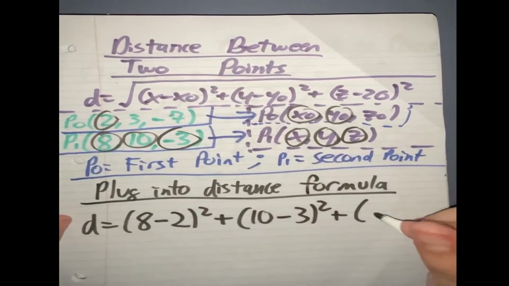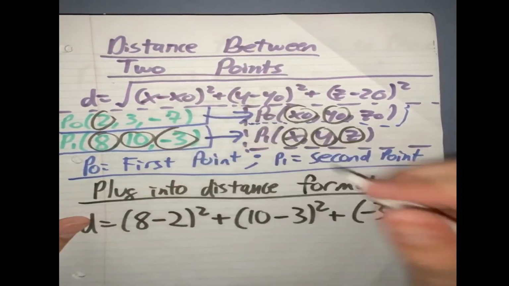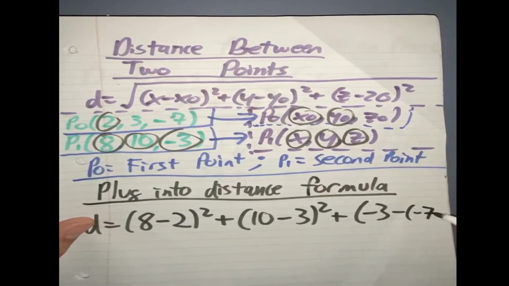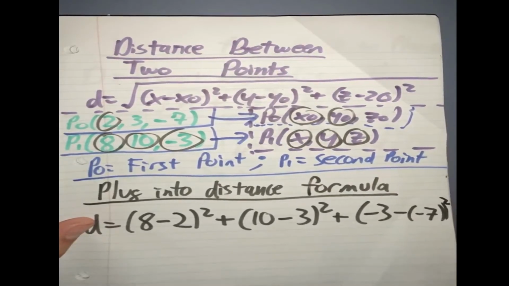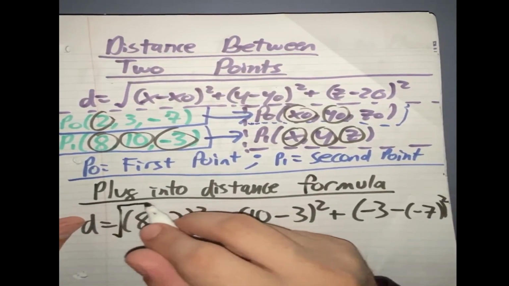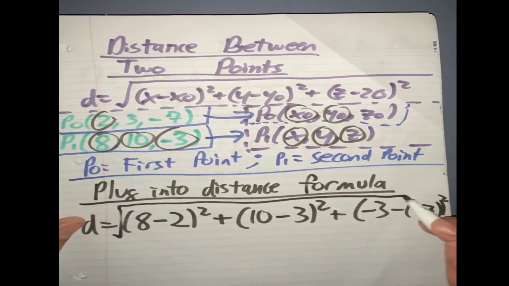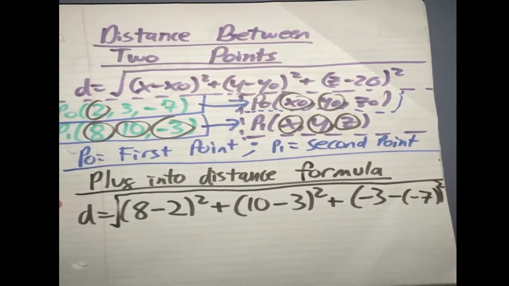Z is negative 3 minus negative 7 squared. And all this inside a square root, because distance is a magnitude.